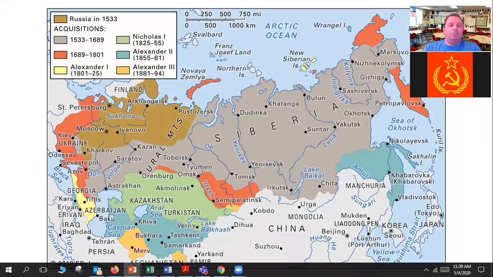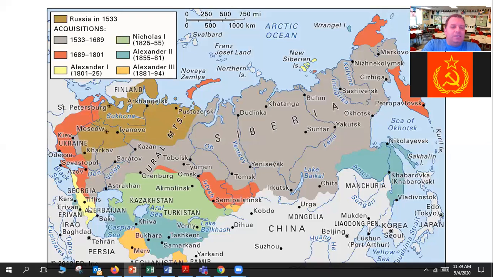How much more so? Well, let's just use Russia as an example. If we start here, the brownish area is the territory Russia occupied in 1533. By 1689, they've gained control of all of this lavender colored area. By 1801, they've added the red area.